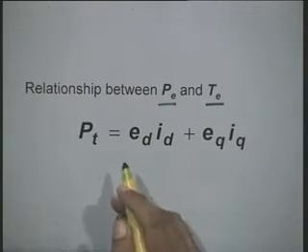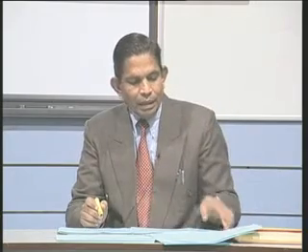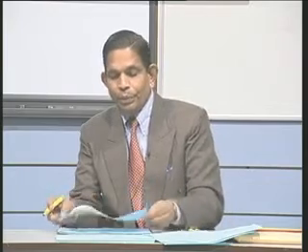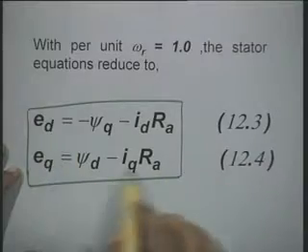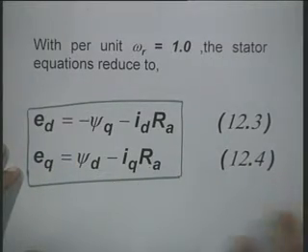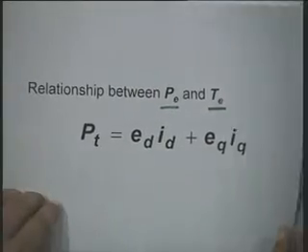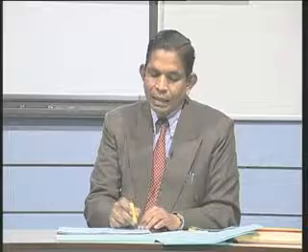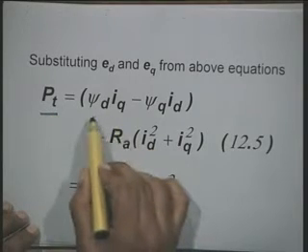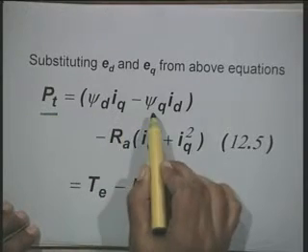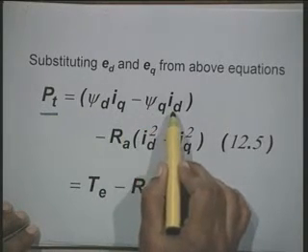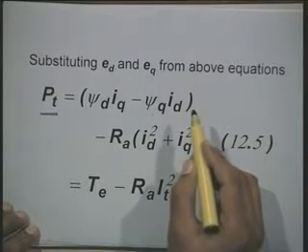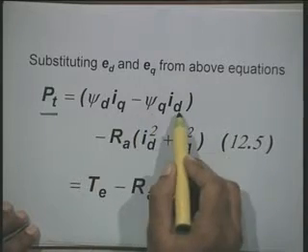Now, substitute the expressions for E d and E q from these algebraic equations. With this substitution, you will find that the terminal power P t will come out to be equal to psi d I q minus psi q I d.